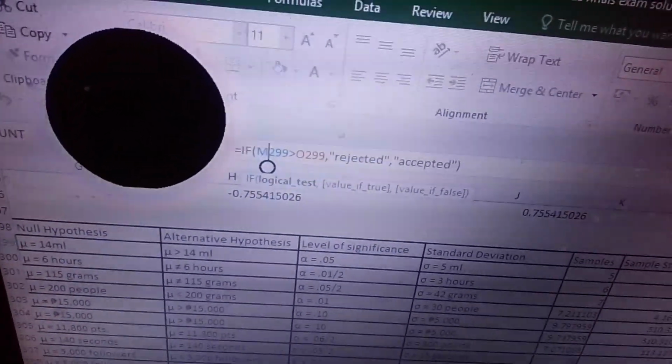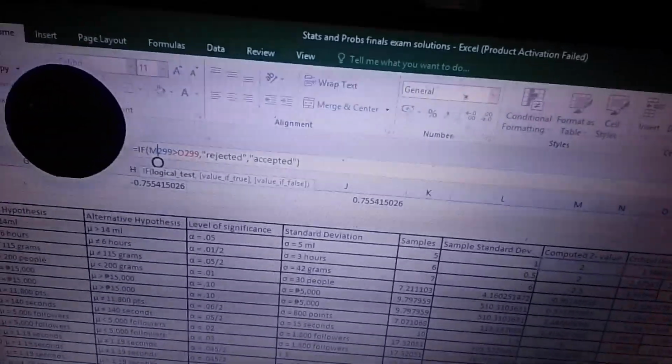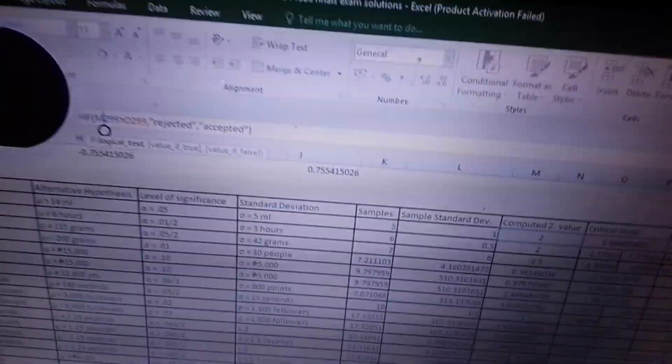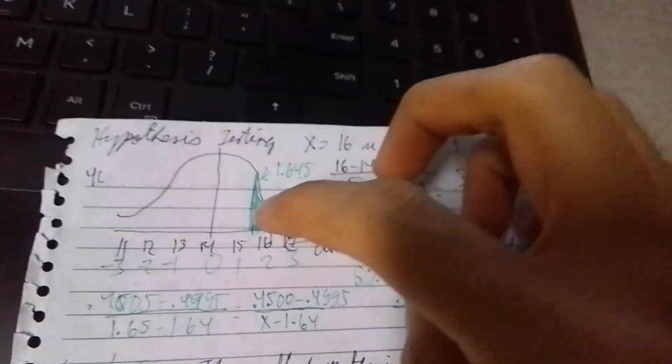Remember, in the IF formula, there's a logical test. What logical test do you want to prove? The logical test is this: if M229, which is our computed z value, is greater than the critical value. Because we are using the right tail test, we use greater than. If your z value is greater than your critical level, which is 1.645, remember, your computed z value is here.